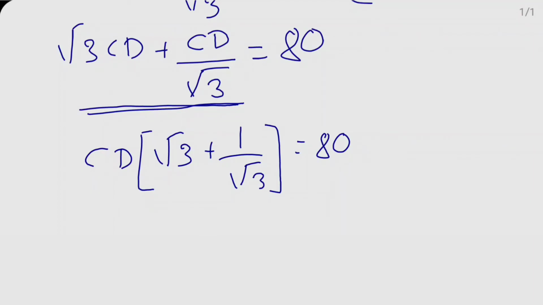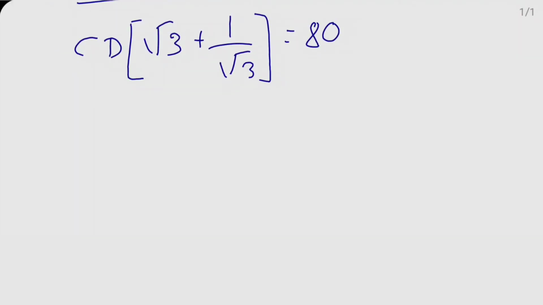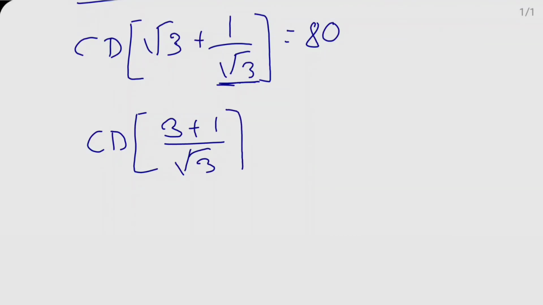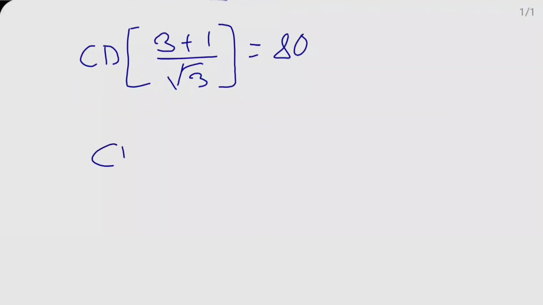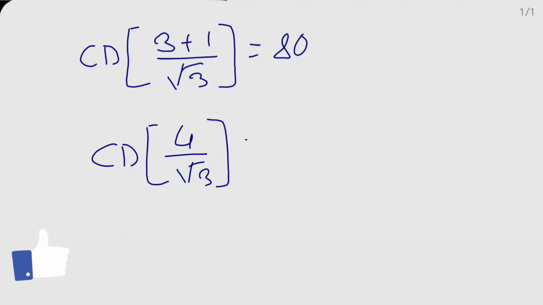Is it clear? And now here CD in a bracket, take root 3 as the LCM. So root 3 into root 3, 3 plus 1 divided by root 3, equal to 80. And now CD into 3 plus 1 is 4 by root 3 equal to 80.